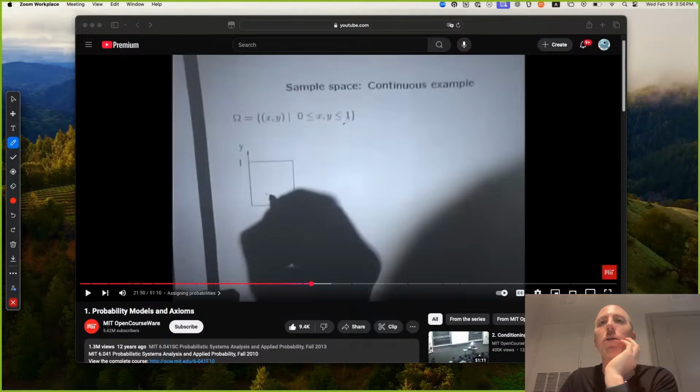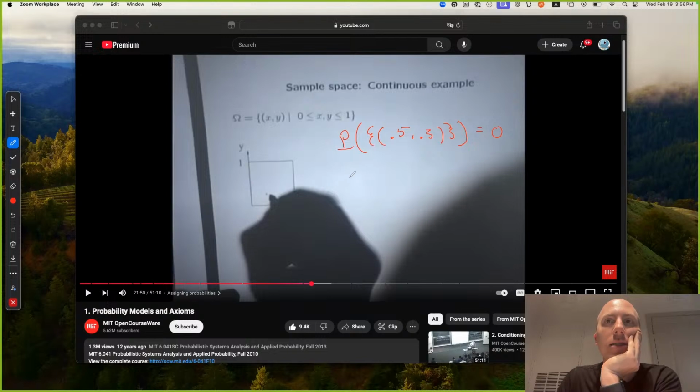We're talking about probabilities of events. And we say the probability of the event of the set containing 0.5, 0.3 is going to be equal to 0.